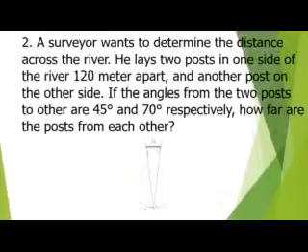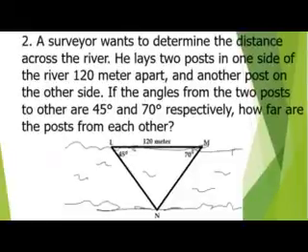Number 2. A surveyor wants to determine the distance across the river. He lays two posts on one side of the river, 120 meters apart, and another post on the other side. If the angles from the two posts to the other are 45 degrees and 70 degrees respectively, how far are the posts from each other?